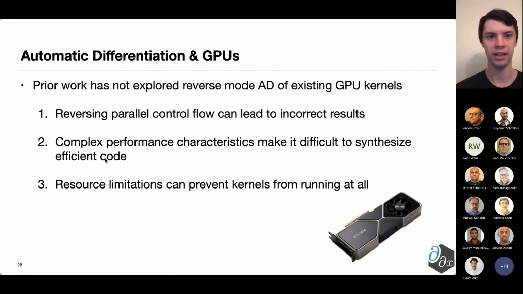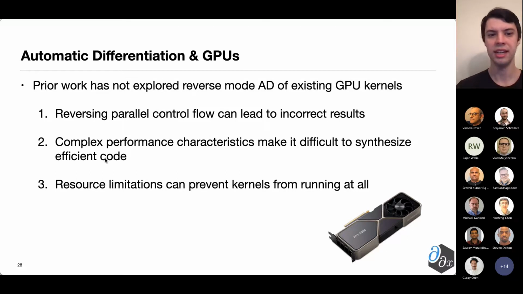The next big question here is how we can get this to work on GPUs. Now, prior work has not been successful in exploring reverse mode differentiation of existing GPU kernels, and that's for 3 different reasons. The first reason is generic parallelism, regardless if it's GPU parallelism, CPU parallelism, or whatever else. When you do that reversal process, it can lead to data races, which lead to incorrect results.